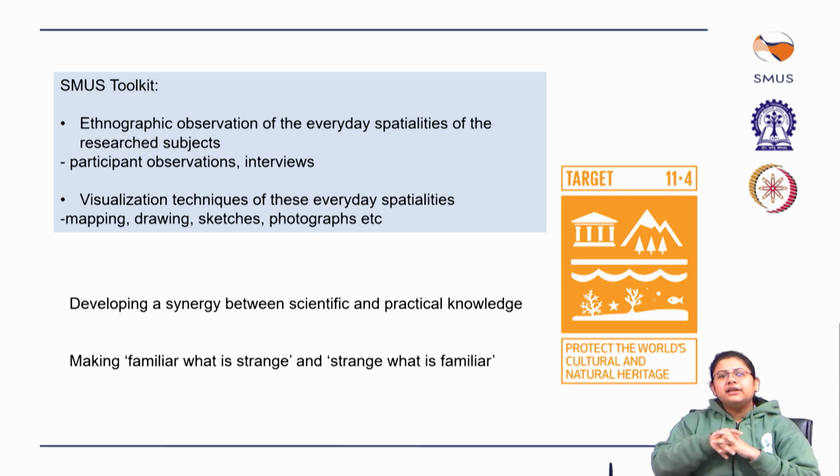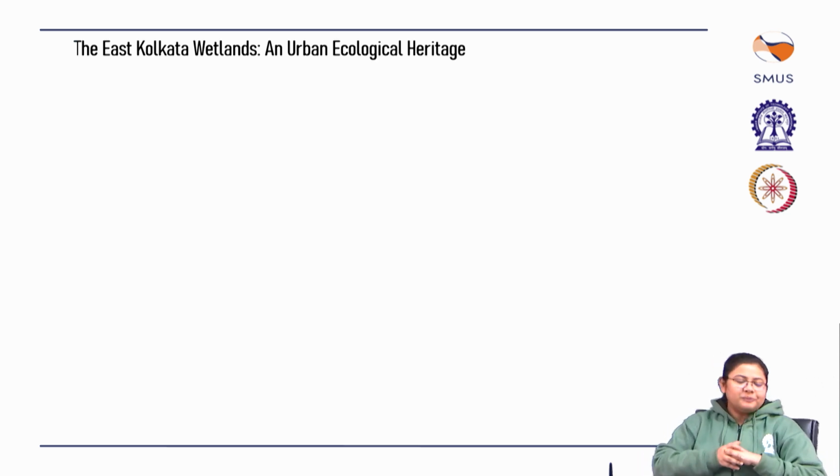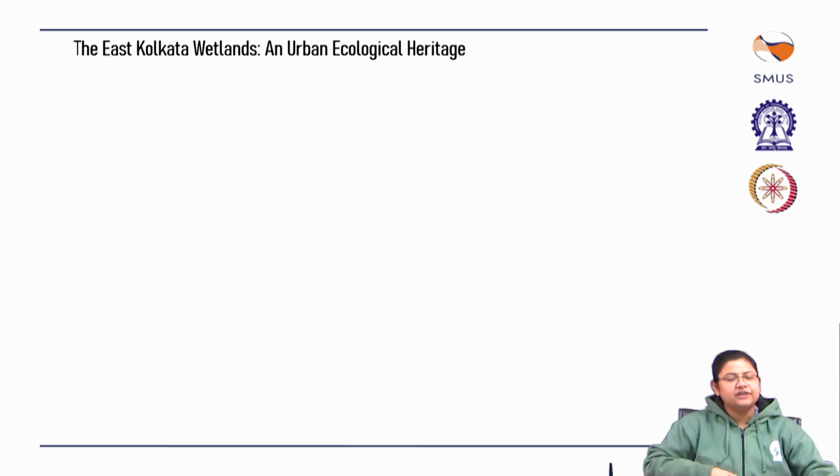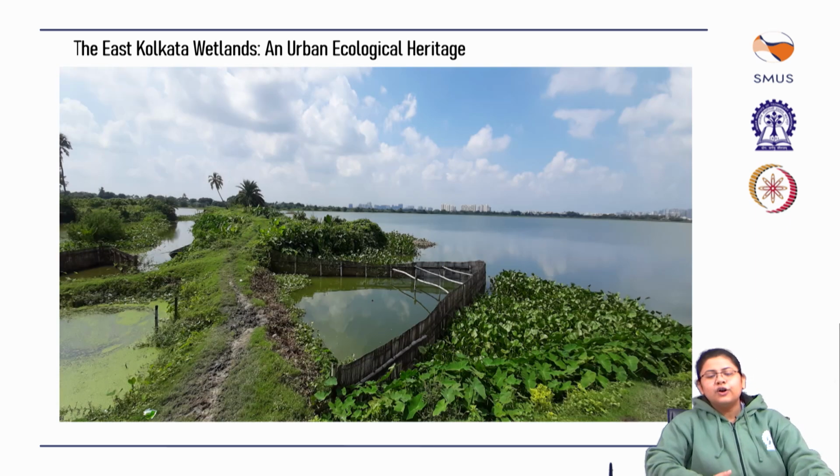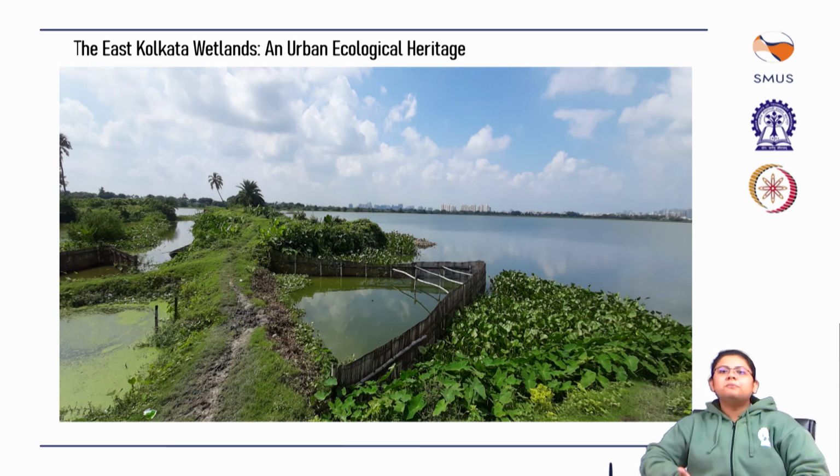And this actually helps us in actuating the 11.4 target of the Sustainable Development Goals, that is protecting the world's cultural and natural heritage, to understand heritage beyond the normative understandings. So this is where we get into the foray of the East Kolkata Wetlands, which is an urban ecological heritage. So why was this PEEP applied here?